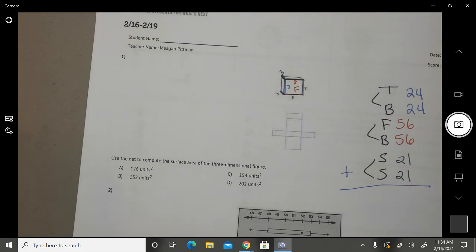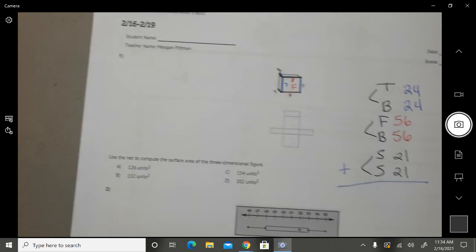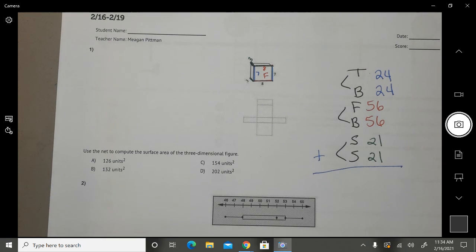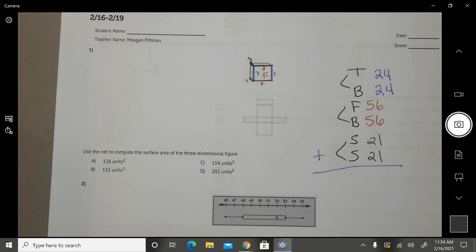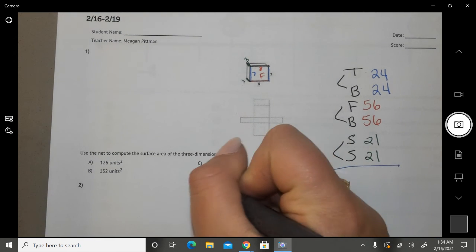Not the perfect square. You get 202. Anybody else get 202? We get 202, right?